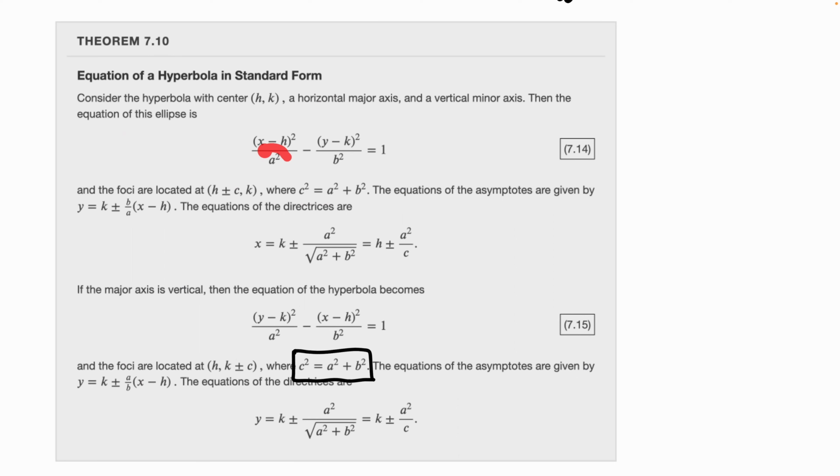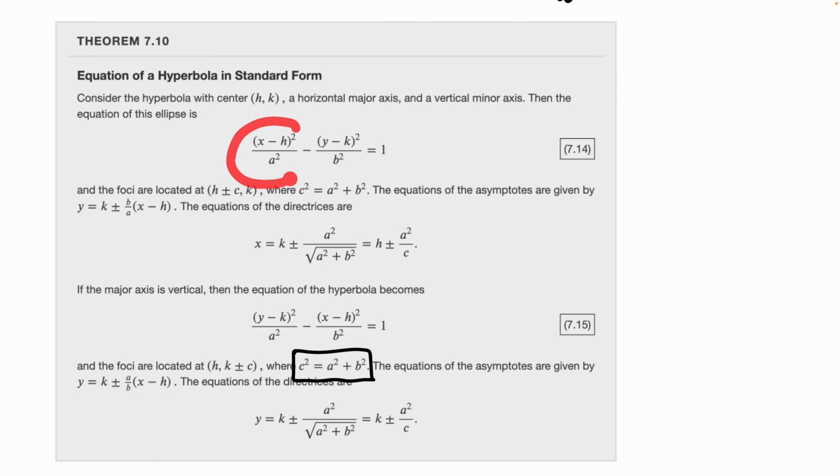The equation in standard form for a hyperbola is a difference set equal to 1. This term is something squared, and this term is something squared. So on the left, you have a difference of a square and a square. Then if it's a hyperbola, it'll be set equal to 1 if it's written in standard form.